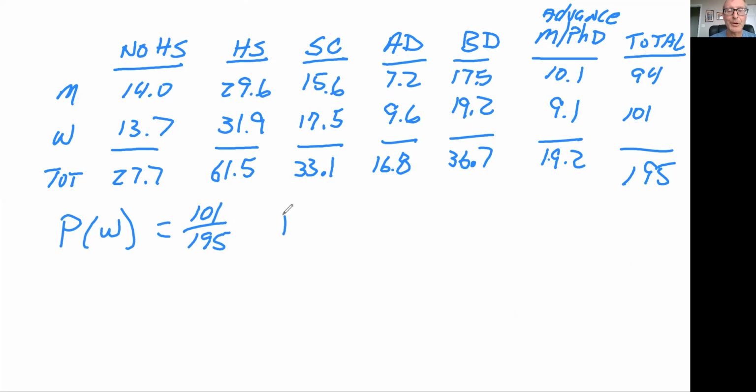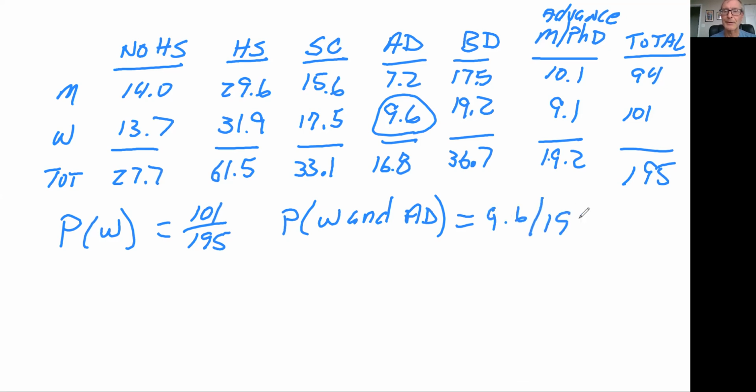So what would be the probability of a woman and an associate's degree? So that would be the probability of a woman and the associate's degree. So that would be 9.6 divided by 195, because that's both, right?